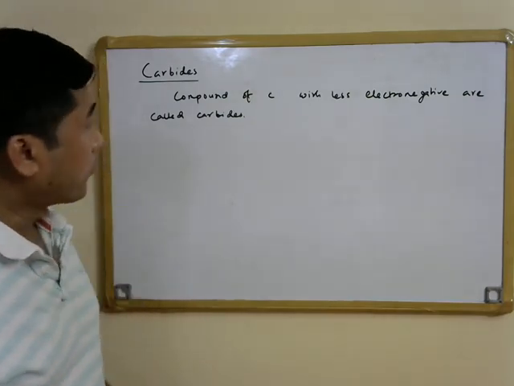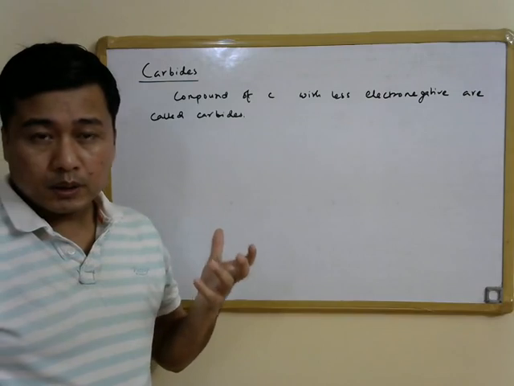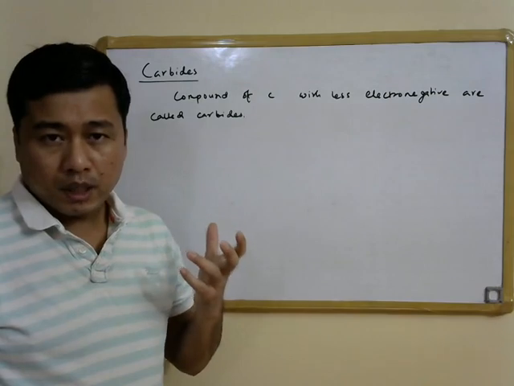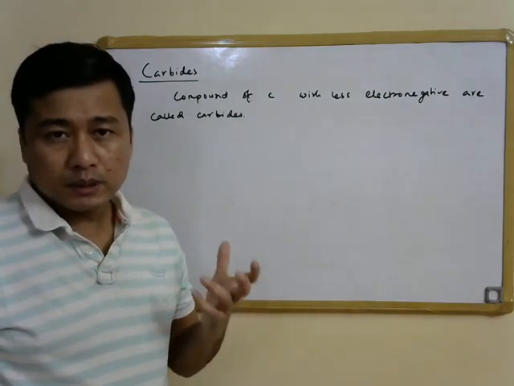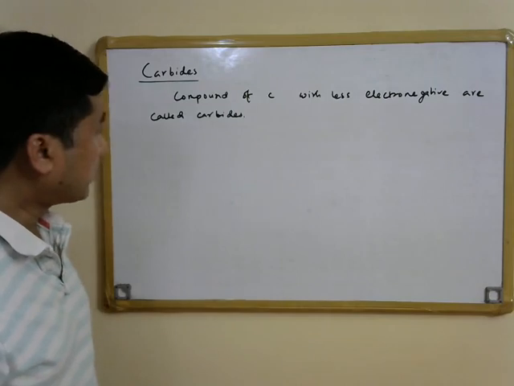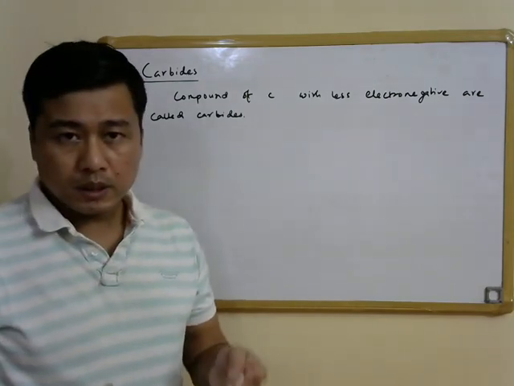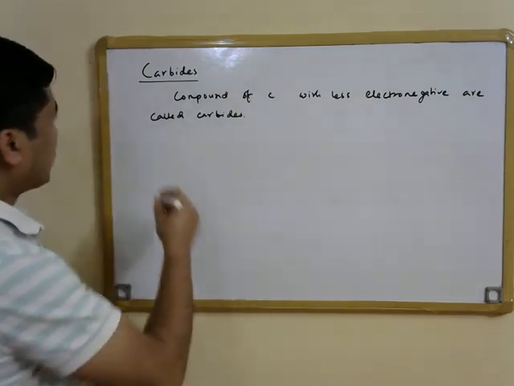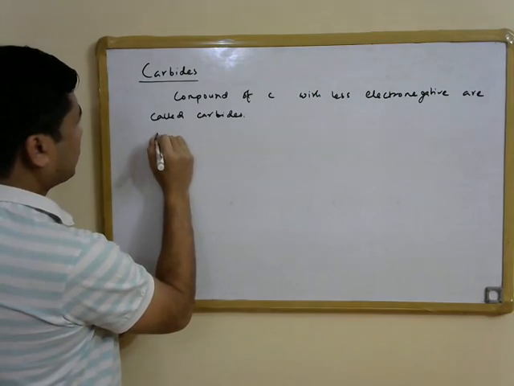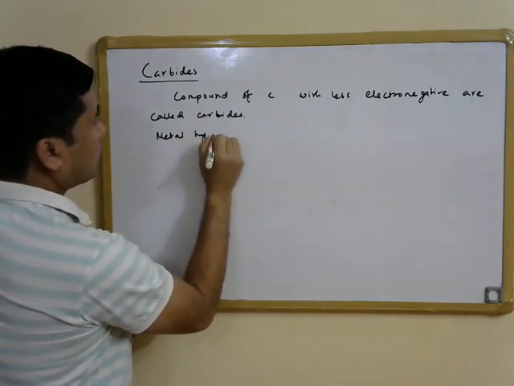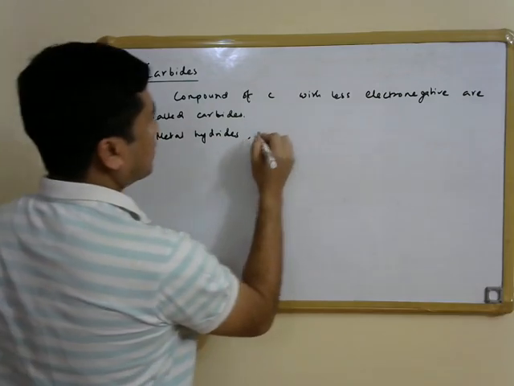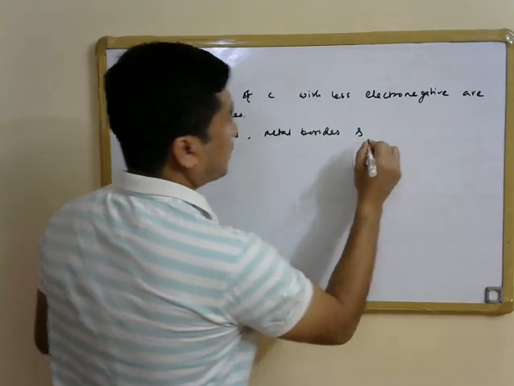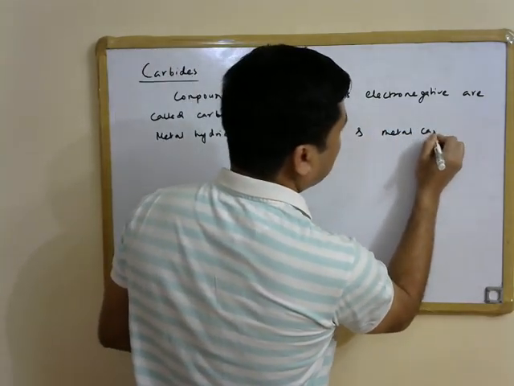These classes of compounds, that is metal hydrides, metal borides, and metal carbides, all show a similar trend in properties.